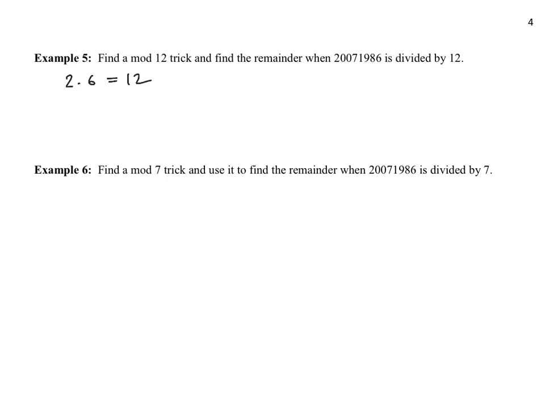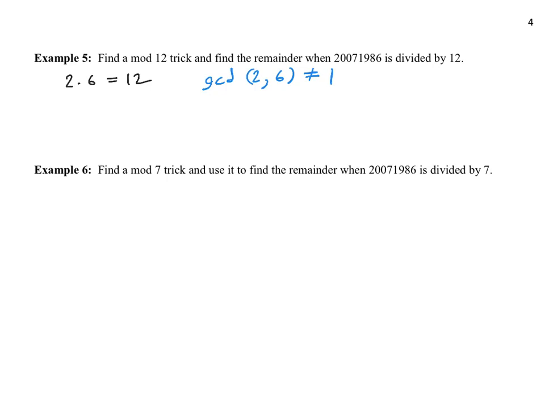But in the previous video, we also discussed that when you pick your two numbers that multiply, you need to pick them so that there are no common factors. So the GCD of the two numbers here, 2 and 6, needs to be 1. But here it's not 1, it's 2. So we can't pick these numbers.